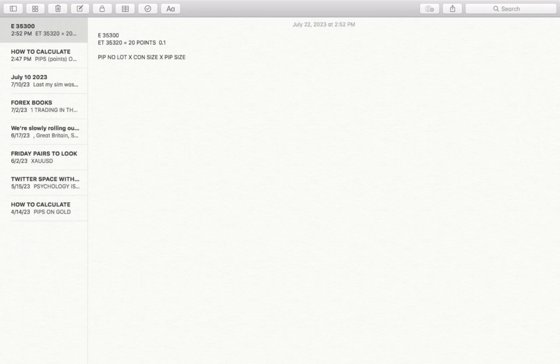So lot size is 0.1, times 100, which is the contract size, times pip size 0.01, which is still going to give us 0.1. So per pip we're going to have 0.1.